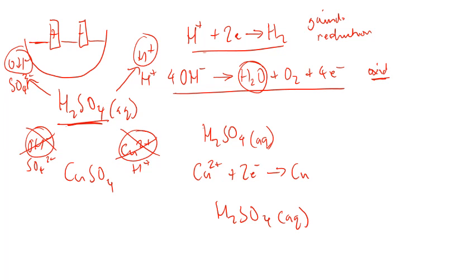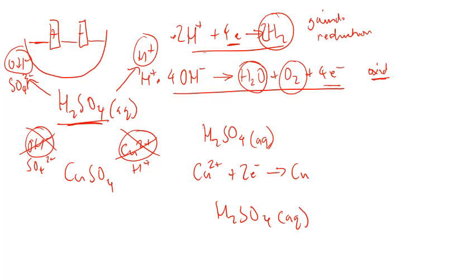Okay. Now, if you look back at this top equation here, your hydrogen and your hydroxide, if you double this, we have 2 hydrogens, we have 4 electrons, and then 2 hydrogens here. You can see that for every 4 electrons going around the circuit, we have 2 hydrogens produced and 1 oxygen produced.